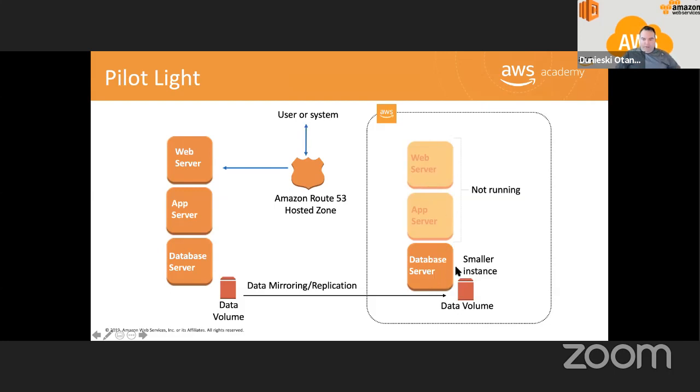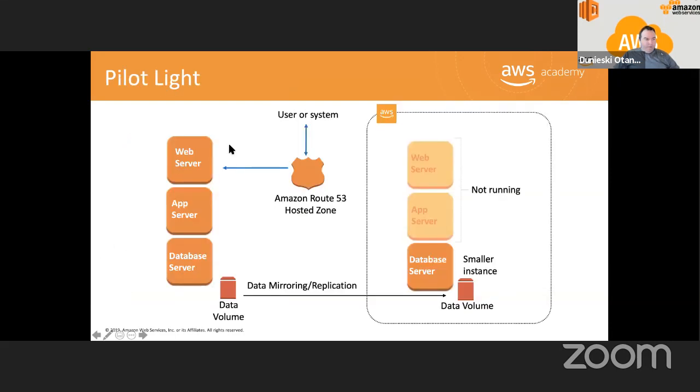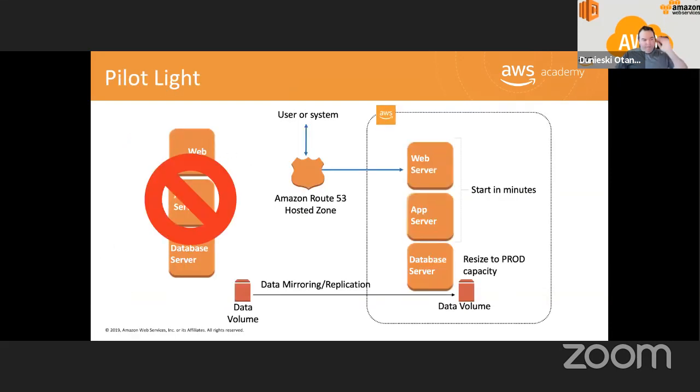So you have the data volume here, a smaller instance, and the data is being replicated to it. So this is an overview of how you're going to establish this method.